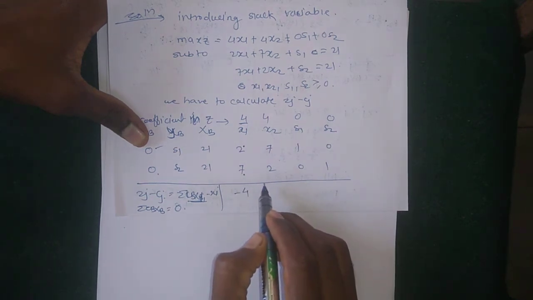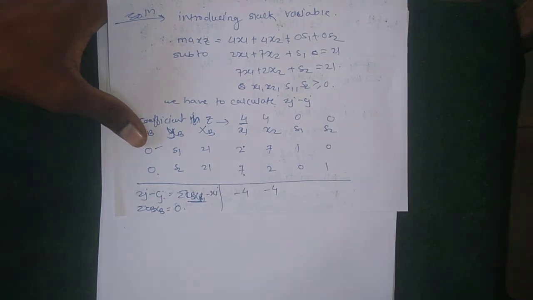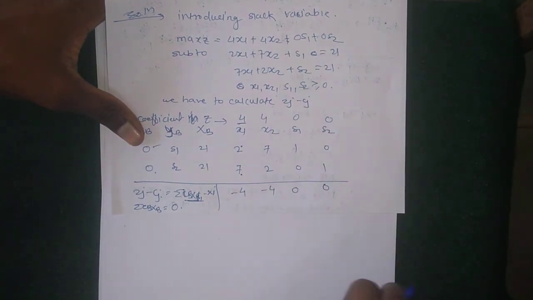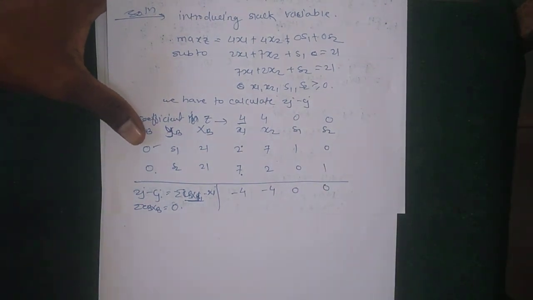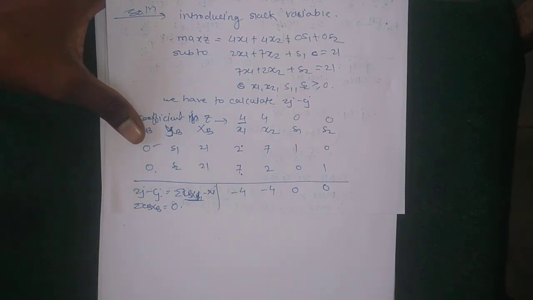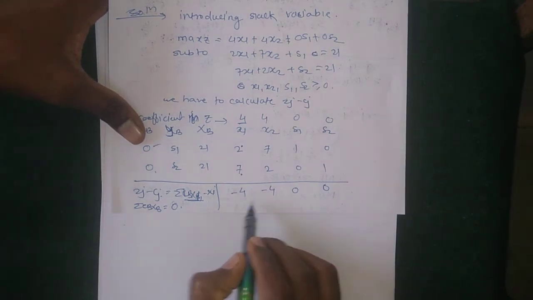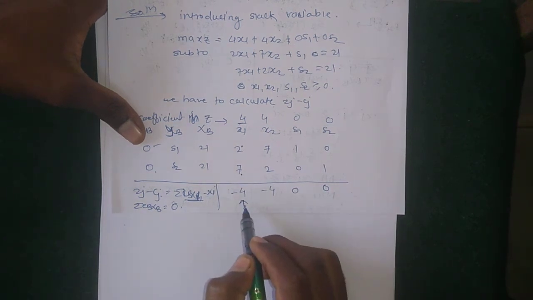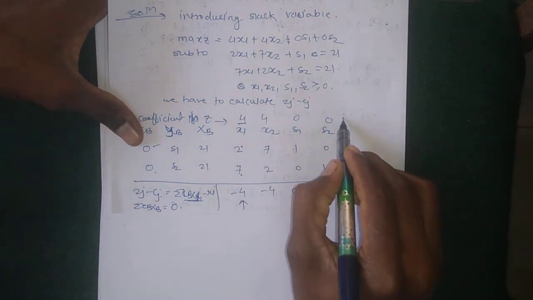Here minus 4, here also minus 4, then 0, 0. How to choose the most negative? Choose any one of these. Suppose we choose this as most negative, then we have to find the ratios.